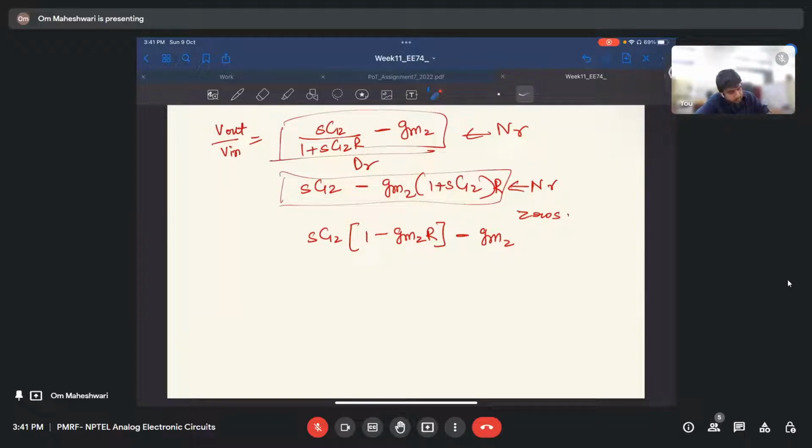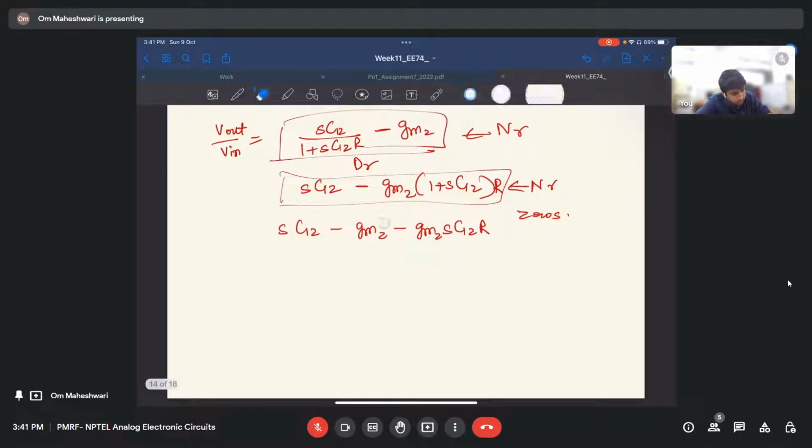Let me write a simplified version: SC12 minus GM2 minus GM2 SC12R.